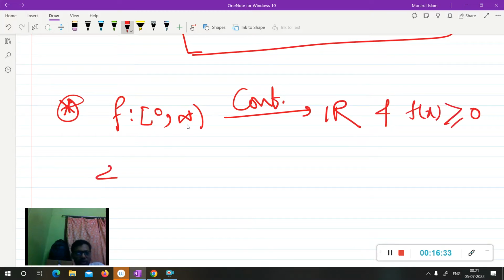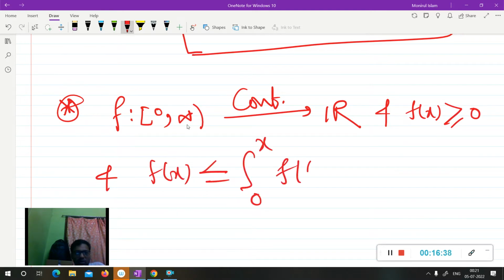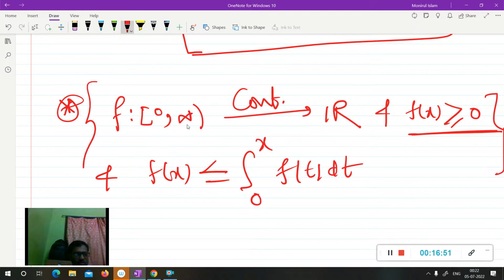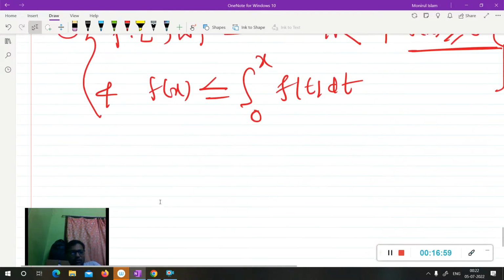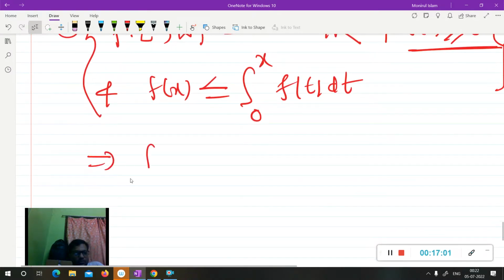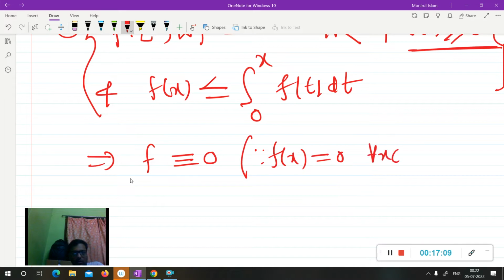Moreover, if f(x) ≤ ∫ from 0 to x of f(t) dt, this is true, then the only function satisfying this condition is the zero function itself. Or you can say f(x) = 0 for x in [0, infinity).